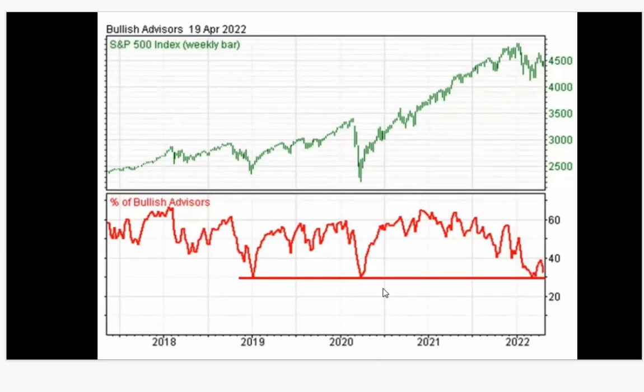But the first thing that we have is that people are saying that, as seen by this line, we are at the COVID levels of this indicator, and that we might have a bottoming process. However, what we are suggesting is that we need to take into better consideration the current environment. When the interest rate environment is favorable, as it was in both here and here, you need much less bearish sentiment to be on a buy signal.